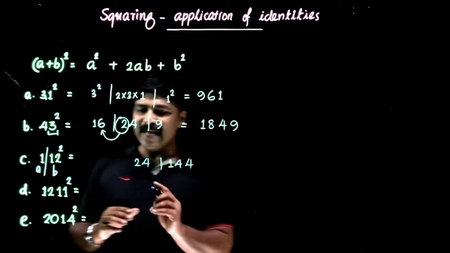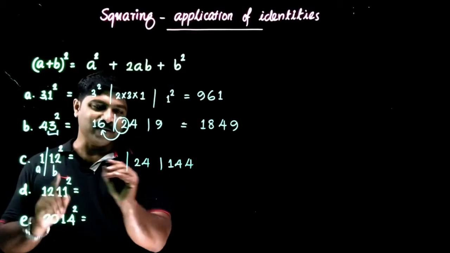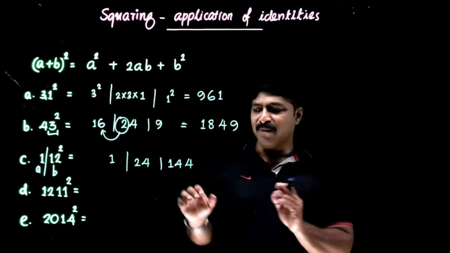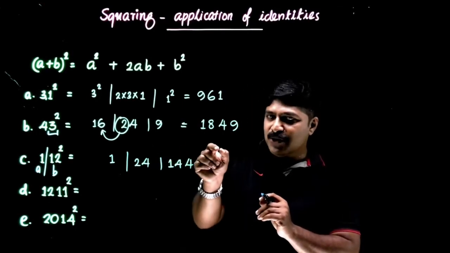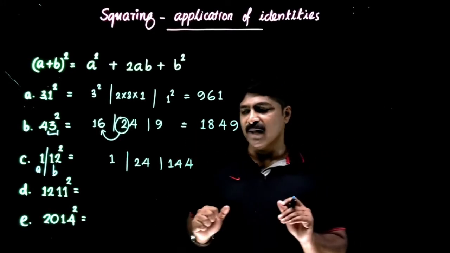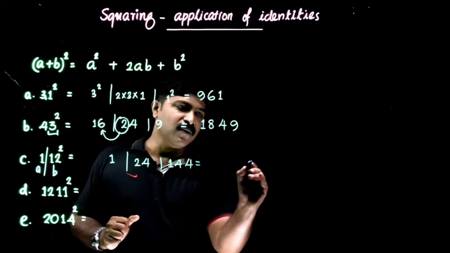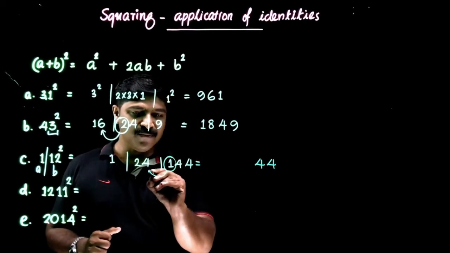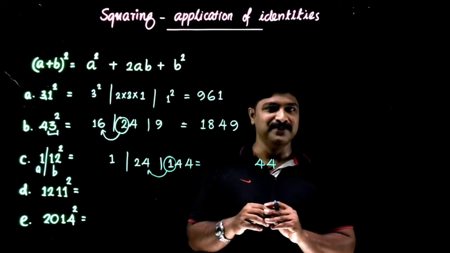Clear? And the last step, a square, that is 1. As I mentioned earlier, we have to take the rightmost 2 digits from each step. So here you have to select only 44 and take this 1 as a carry forward to the left step.